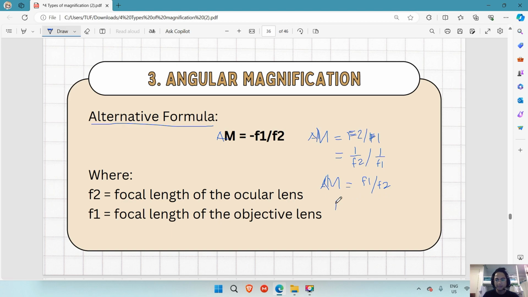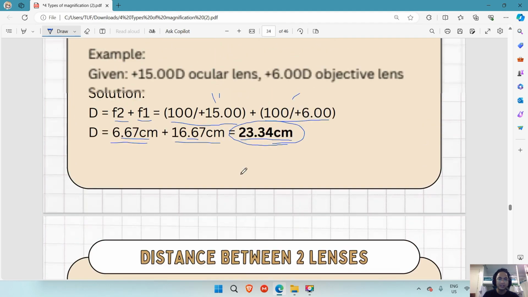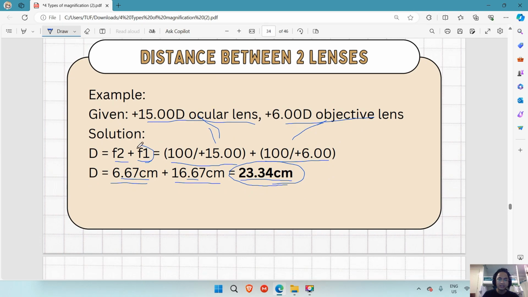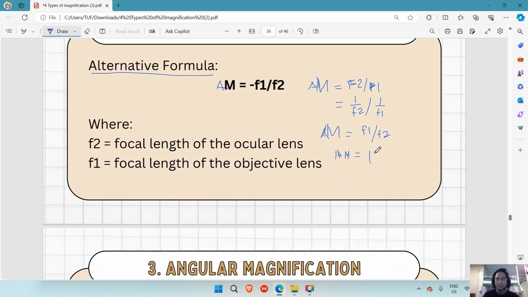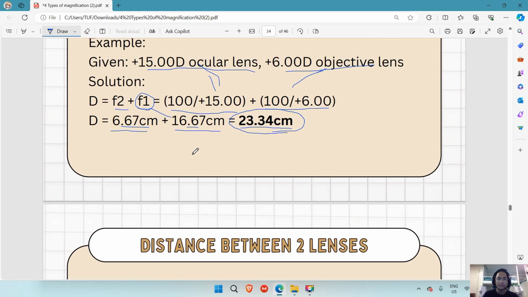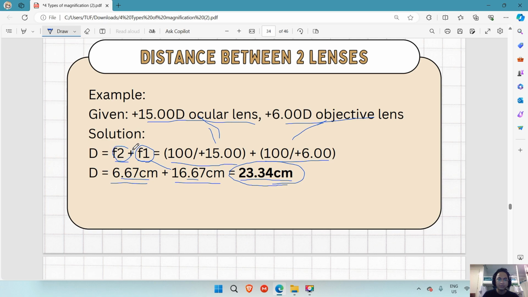Okay, so for example, you now know that your f1 here is equivalent to 16.67. So all you have to do is take 16.67 here and divide it by f2. What is your f2 here? f2 is equivalent to 6.67.